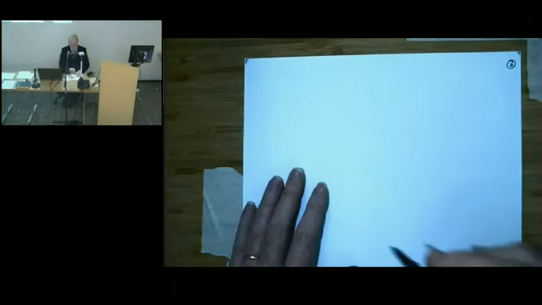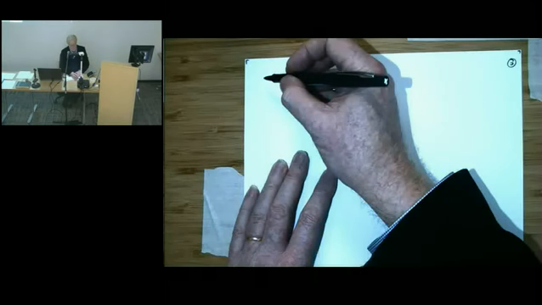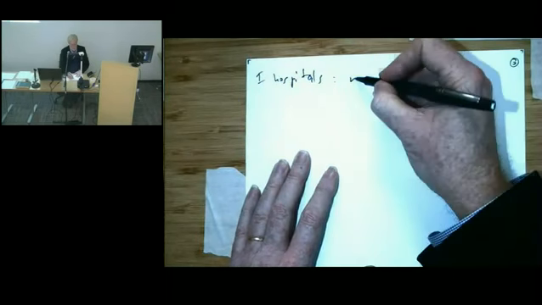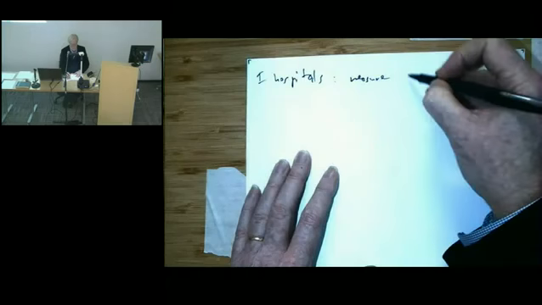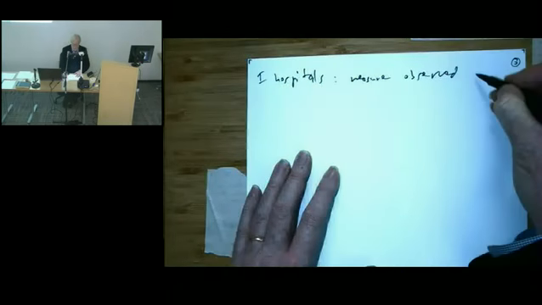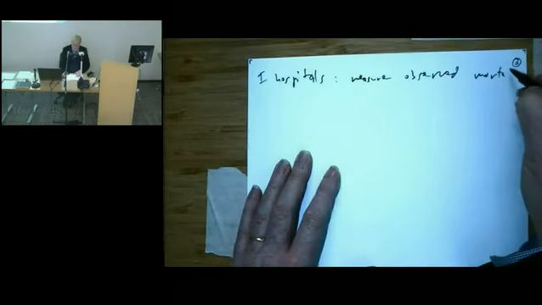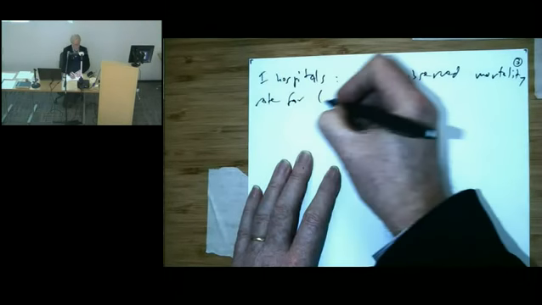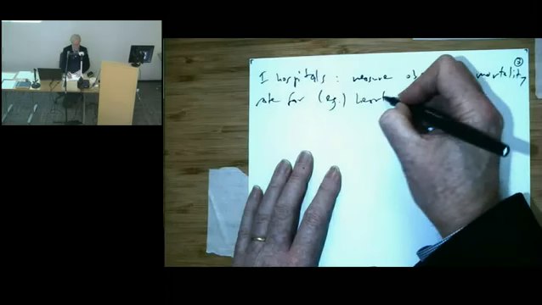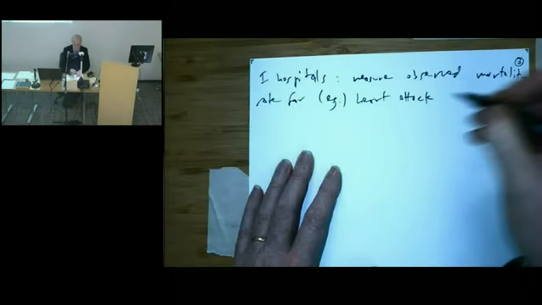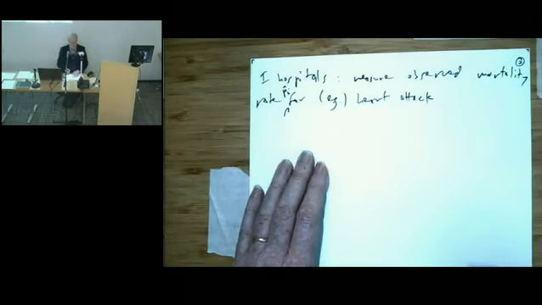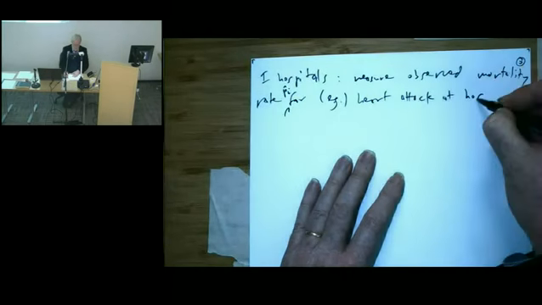What I'm going to do is take a random sample of a bunch of hospitals, capital I hospitals, and measure the observed mortality rate for a particular disease. We could think of heart attack, for example. I'll call the observed mortality rate at hospital i p_i hat, for heart attack at hospital i.